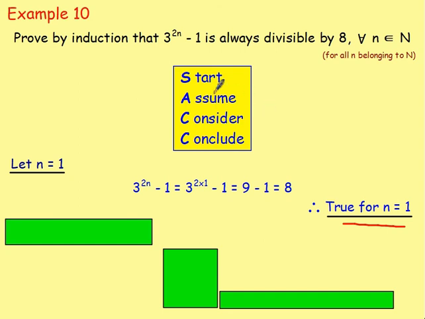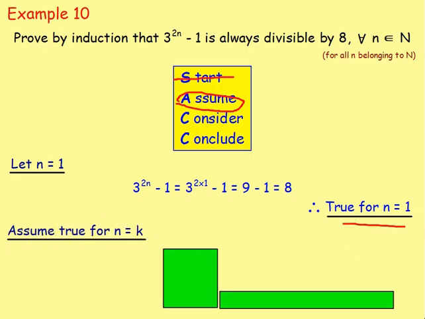What do we do after that? Well, we had our starting value, so now you want to assume it's true for n equals k. So assume true for n equals k, write that down. If it was true for n equals k, you would say that 3 to the power of 2n take away 1, having replaced n with k, would be 3 to the power of 2k take away 1. And if that was true, then it would be divisible by 8.